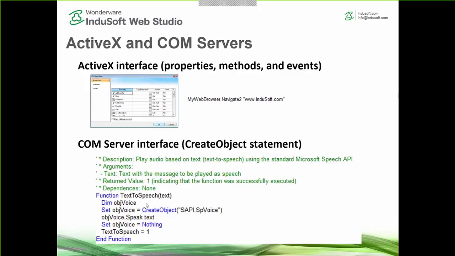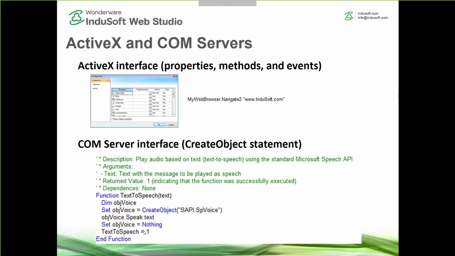Here is another example using a Microsoft object called SAPI.SpVoice, and pretty much writing this script here. You can pass as argument a text, could be an alarm message, for example. And this function will use the computer speakers and read this text in a robotic voice, of course, with the default voice or any other voice you pick within the function.